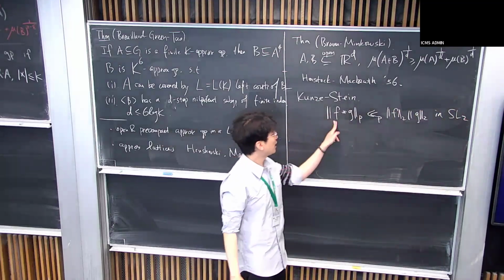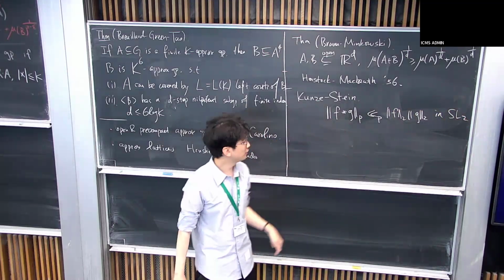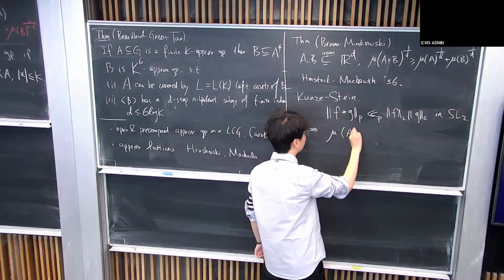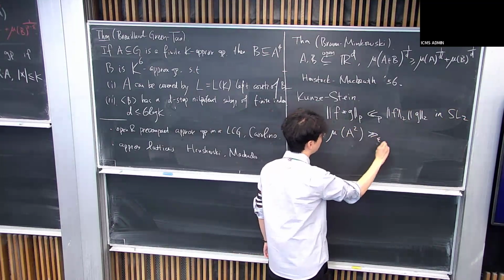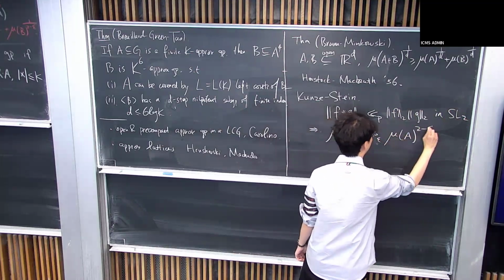And if you plug in f and g to be indicator functions of A, or you decompose the function into level sets, this implies the measure of A squared is bigger than a constant depending on epsilon times mu(A) to the 2 minus epsilon.